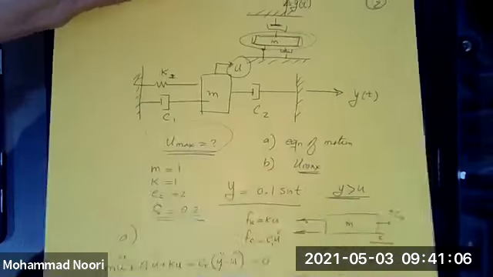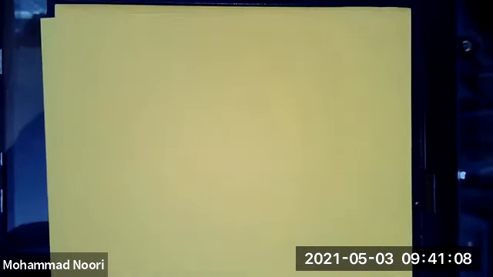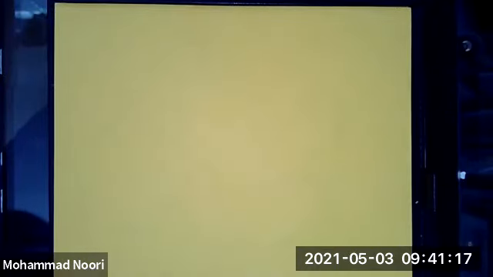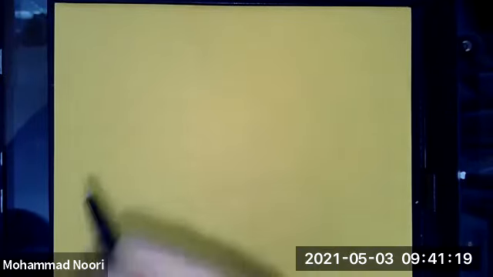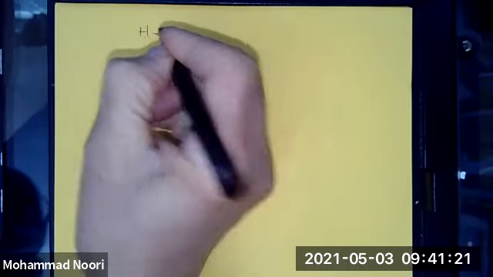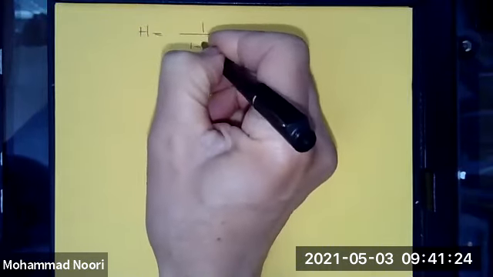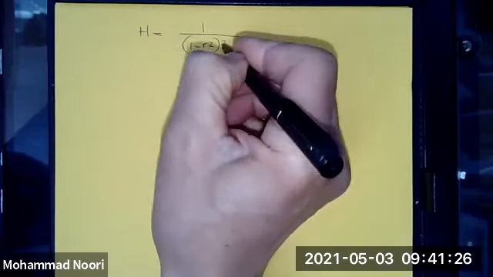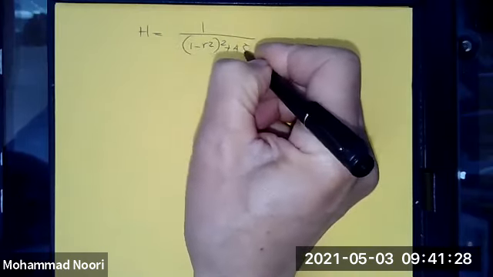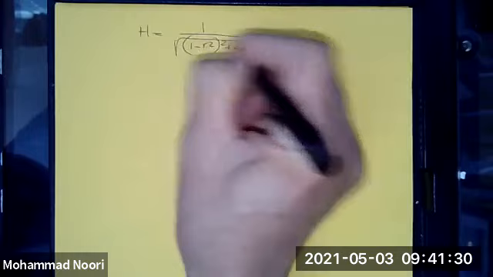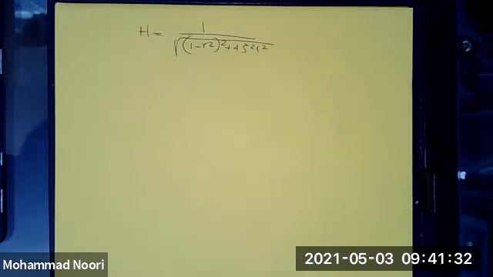For a system subjected to a harmonic load, I have H is 1 over the square root of (1 minus R squared) squared plus 4 zeta squared R squared. Let me put that value in.